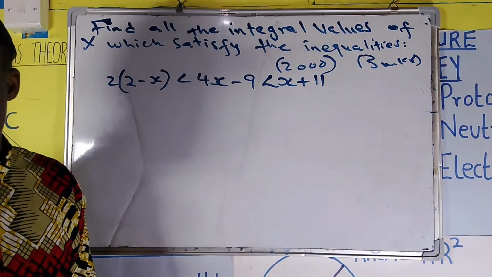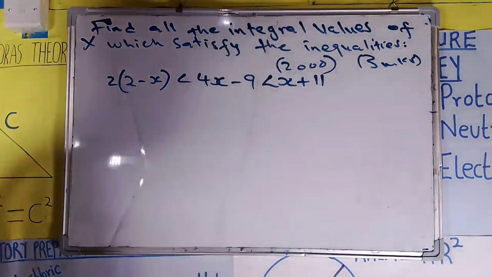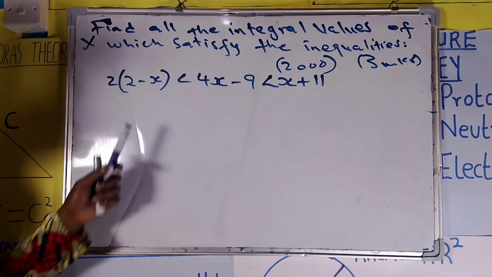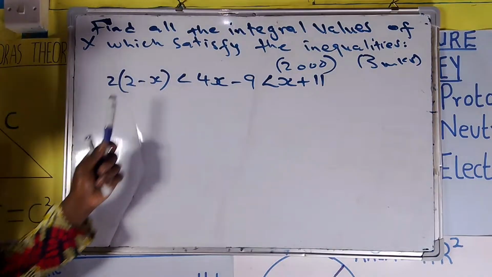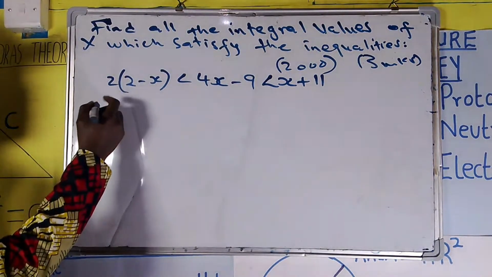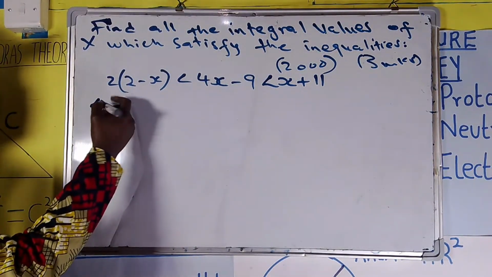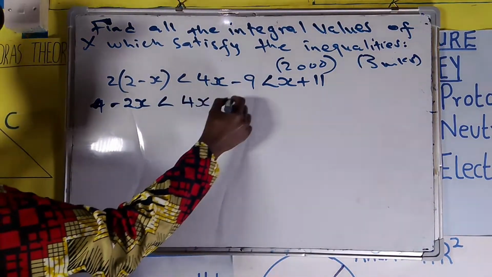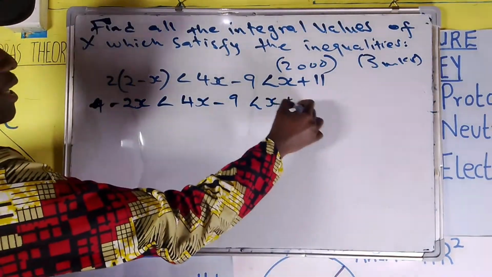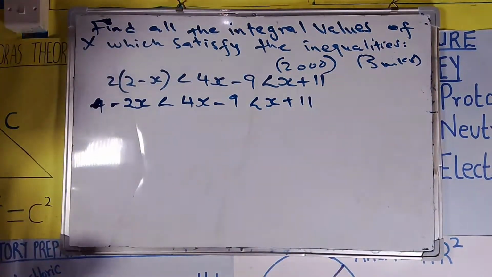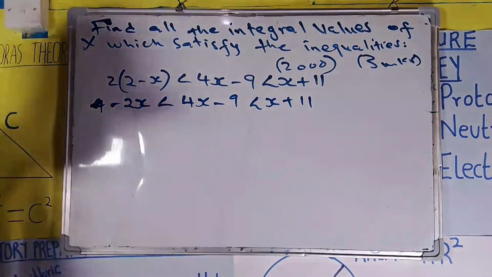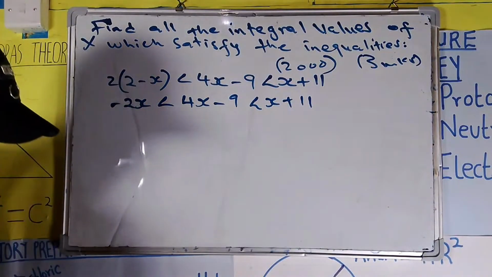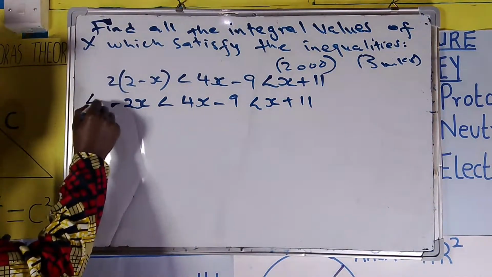Let's continue. So in this case, what we are going to do is we will first open the bracket to have 2 times 2 is 4 minus 2x is less than 4x minus 9 is less than x plus 11. Tume open bracket.